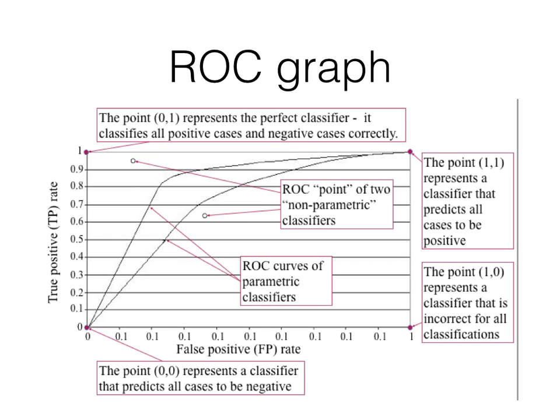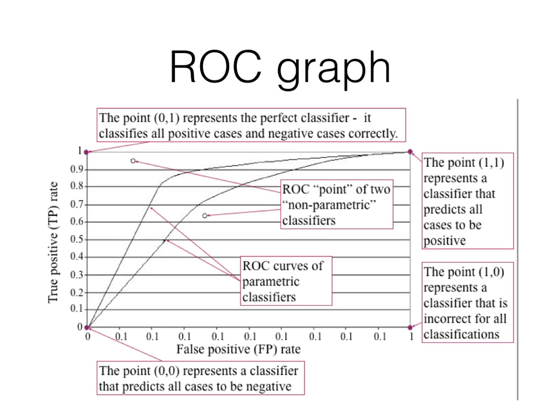So on the top left, at the point 0, 1, that's the perfect classifier. So the false positive rate is 0, so it's not getting any false positives, but it's getting all true positives. So it classifies all positive and negative classes correctly. On the bottom left, we've got the point 0, 0. So that's a classifier that predicts all the classes to be negative. So the false positive rate's 0, but the true positive rate's 0 as well.